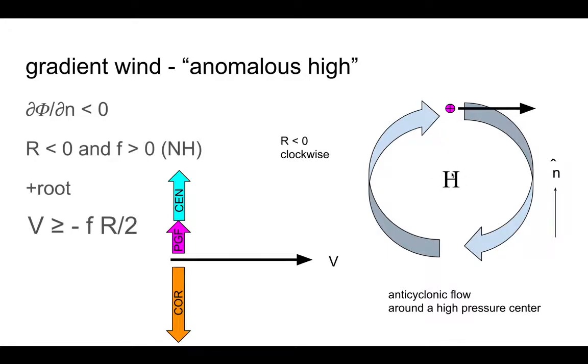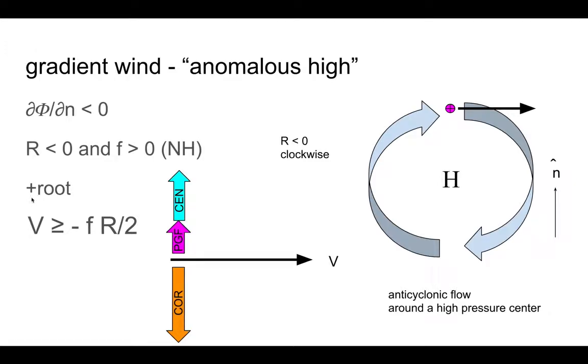So it's the flow around a high pressure center. And we should see the force balance like this. The Coriolis acting to the right, pressure gradient force pointing from high to low, and centrifugal pointing outward from this turning.